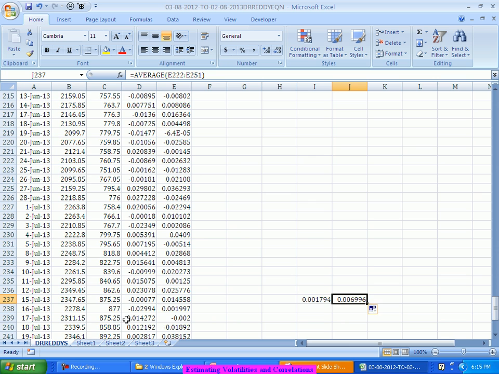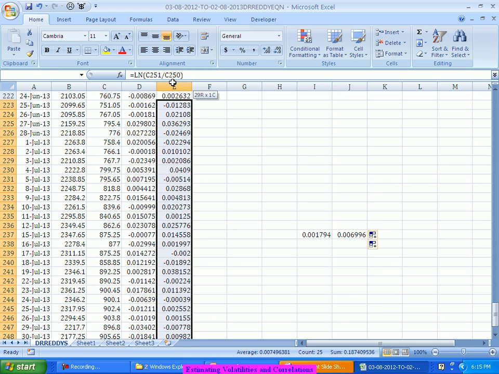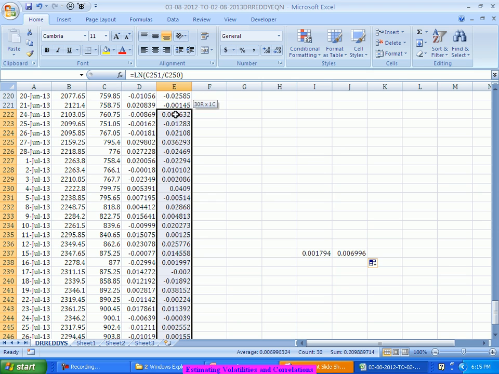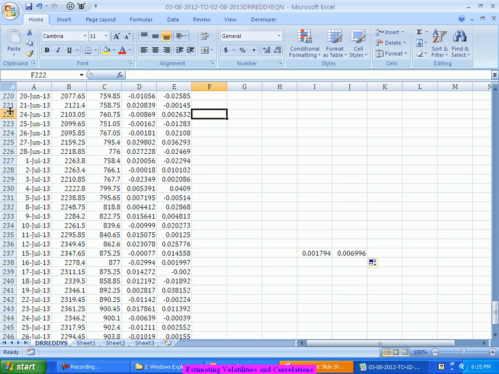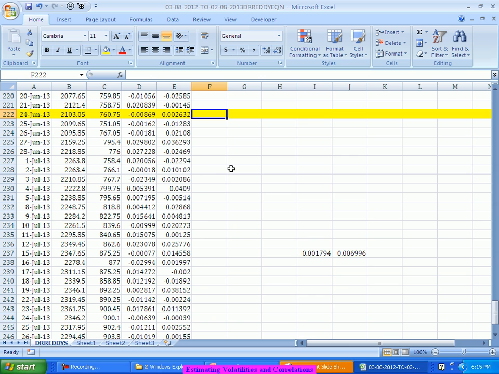So if I'm taking the last 30 days, what are those last 30 days for me? These are the last 30 days, probably from this date.